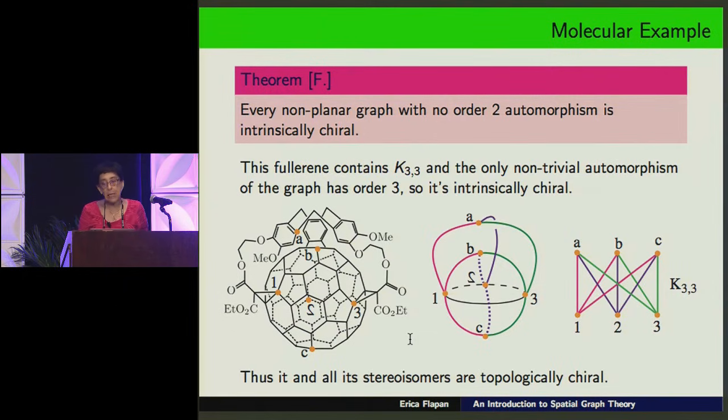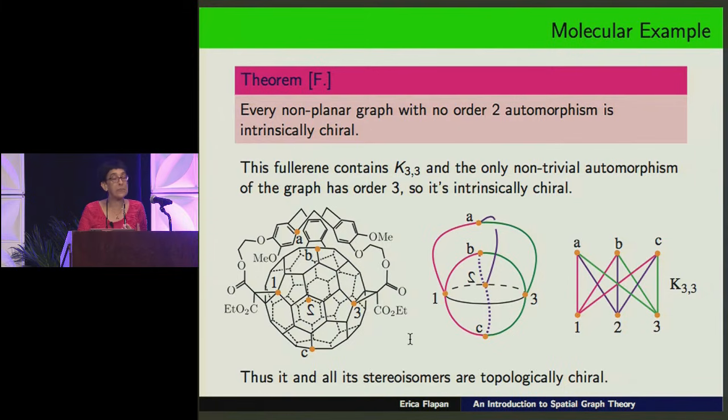What you can see is that this graph has an order 3 rotation, which you can see in this stylized picture as well. But in fact, we can prove, this is not at all obvious, but we can prove that order 3 is the only non-trivial automorphism that this graph can have.